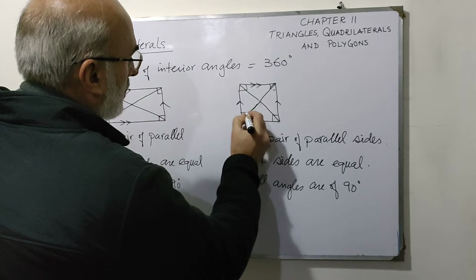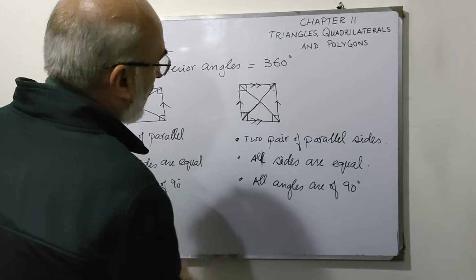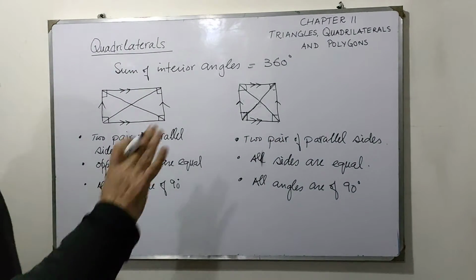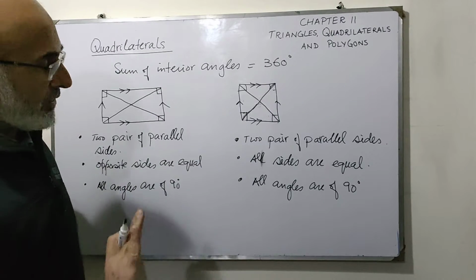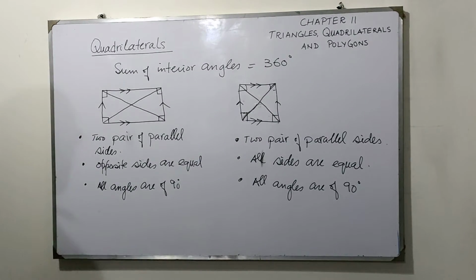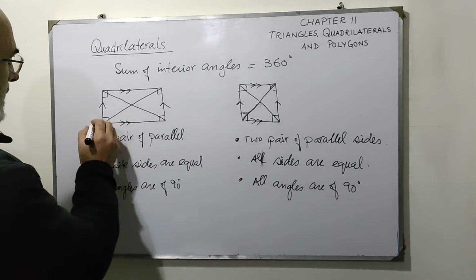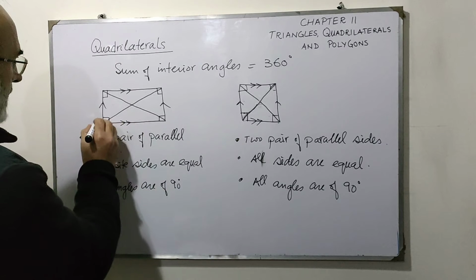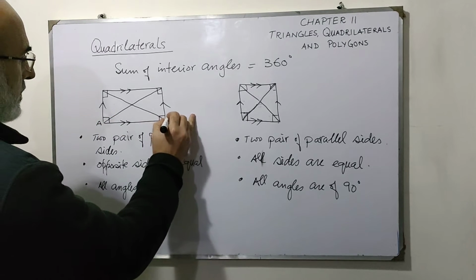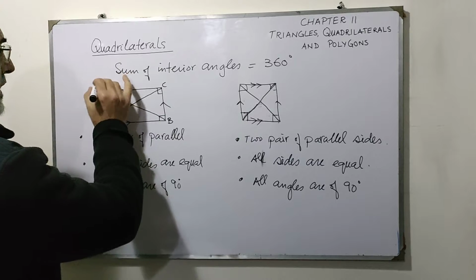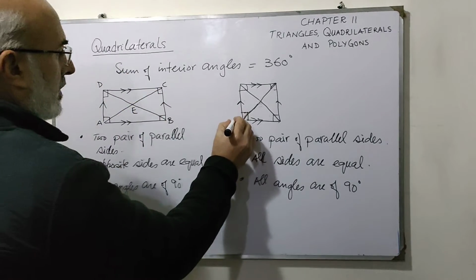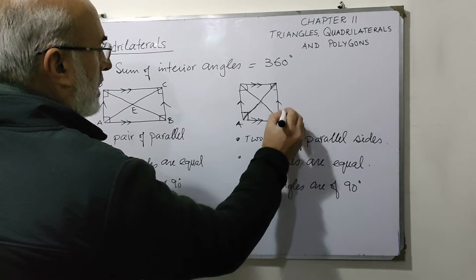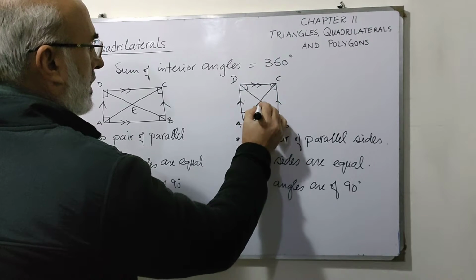Okay, diagonals. Pretty rough, but they are straight. Okay, before I take the property of the diagonals, I'm going to name the vertices as well. A, B, C, D, and this is E. A, B, C, D, this is E.